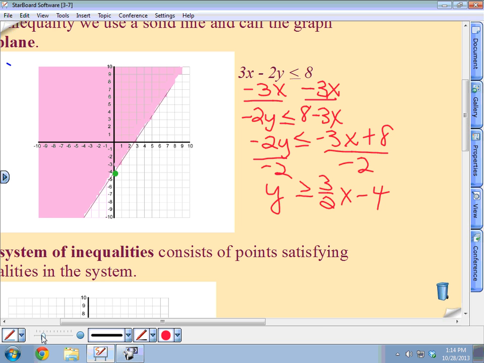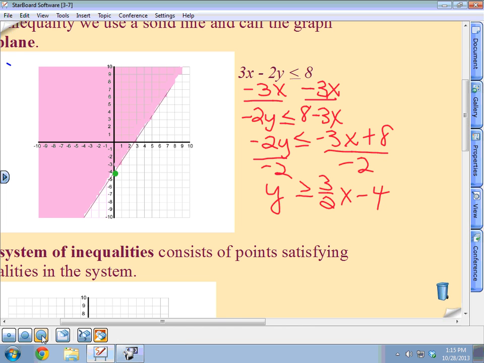Now if you don't automatically see that, or if you, when you were putting your equation in, didn't see that the y values that are greater than or equal to were over here, you could plug in a test point. So for example, that first question on both the tests was, name any point that satisfies that solution.